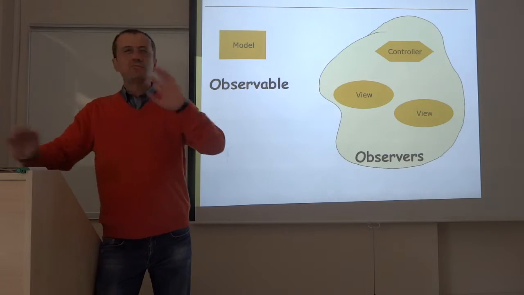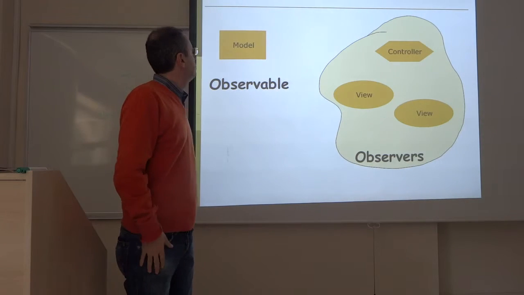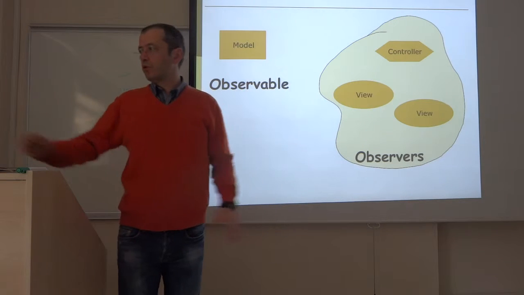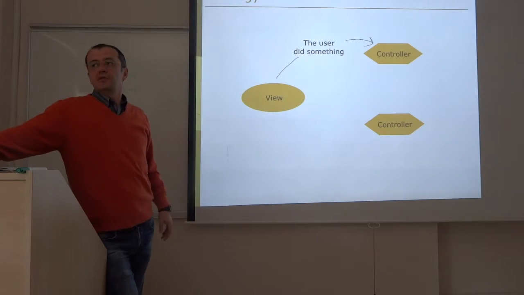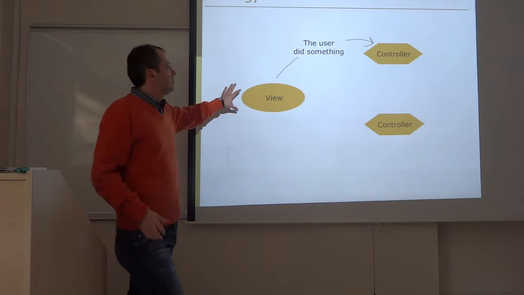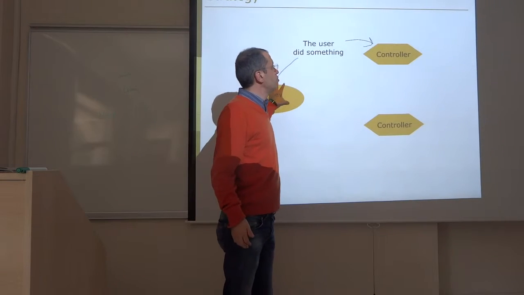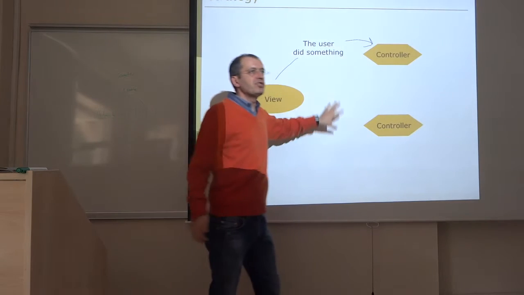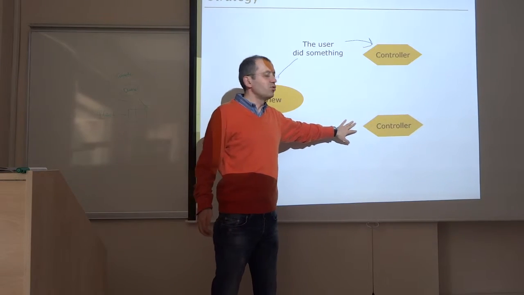So, now actually this is what I said. Model is observable, and I have observers. The strategy is that I have a view, and when the user is doing something, this controller is responsible, but I can change that to another controller.